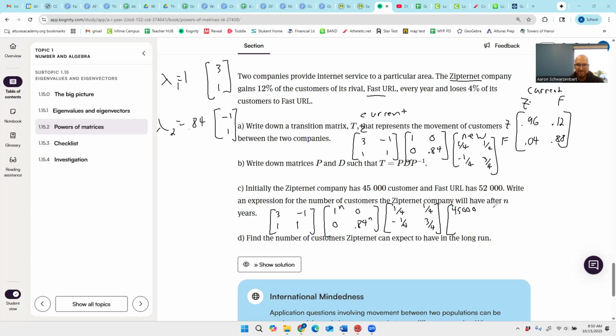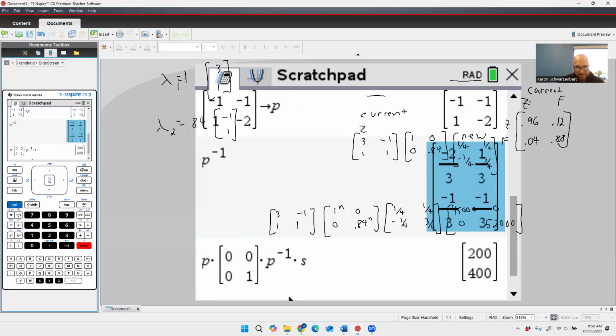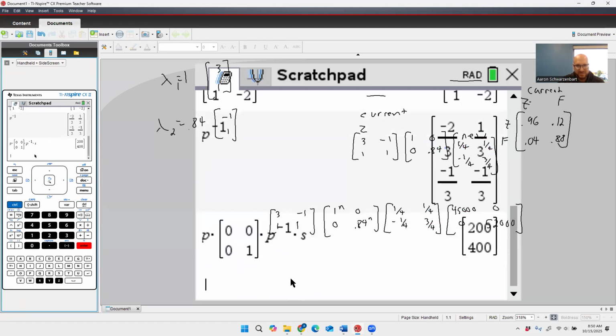45,000. So let's go to our calculator. We'll do this. The N will be infinity, so 1, 0, 0, 0. I can see the matrices on my calculator, so I'm going to clear all of these.